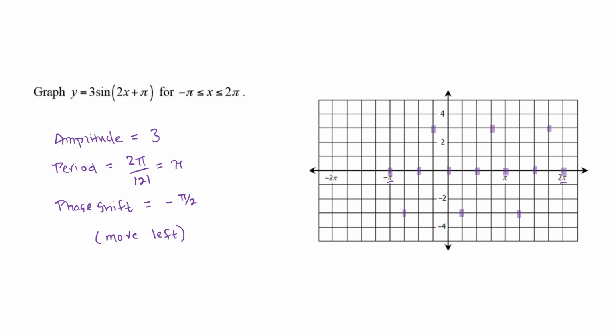Okay, and so now we can connect the dots. Oop, I missed that point there. There we go. All right, so we've graphed between negative pi and 2 pi. Okay, and our graph was shifted by negative pi over 2, and our amplitude was 3.